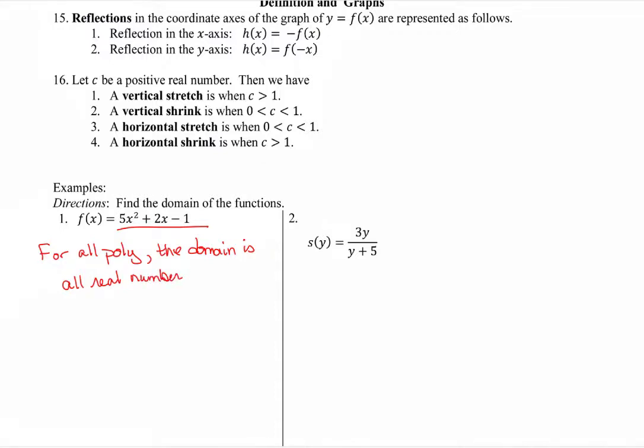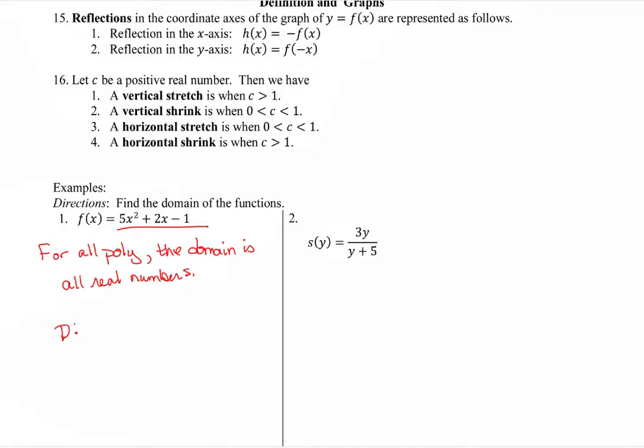So if your thing is a linear equation, your domain is all real numbers. If your thing is a cubic, it's all real numbers. If your thing is a quadratic, it's all real numbers. If it's a 2-degree polynomial, your domain is all real numbers.